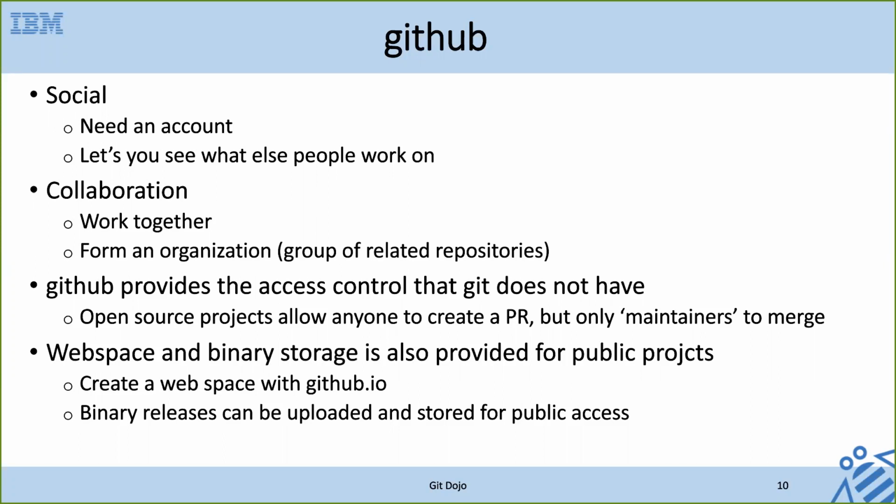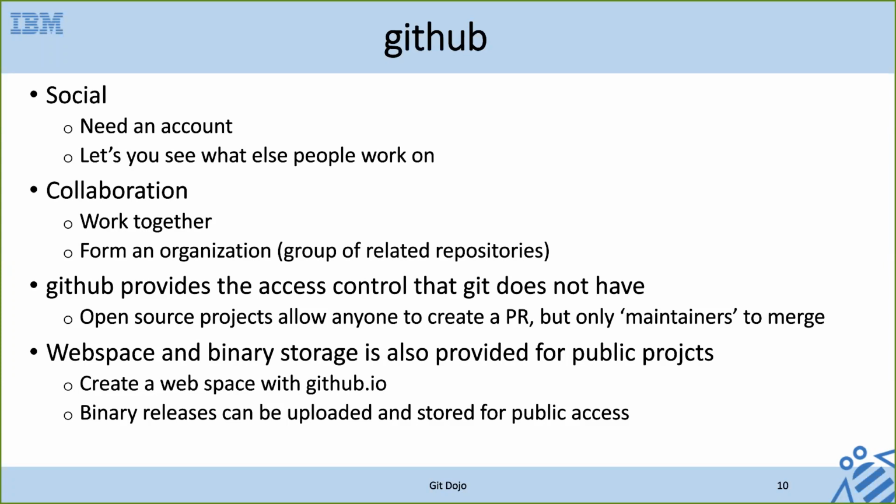So like I said, social, so you need an account, and this lets you talk with other people and let other people talk to you. You collaborate, you work together, and having these accounts allows GitHub to provide the access control that Git doesn't have.